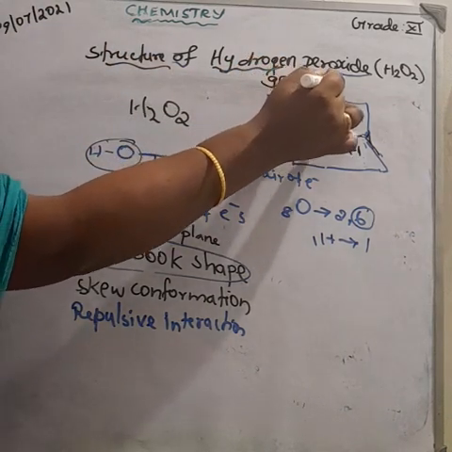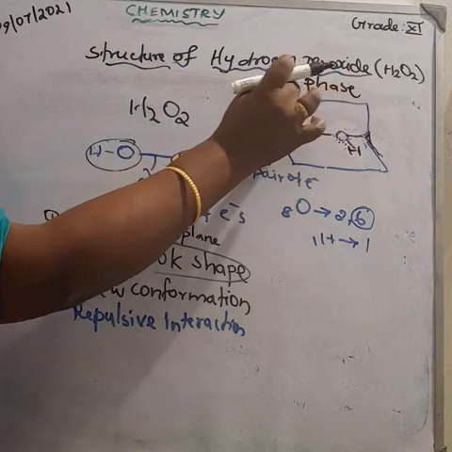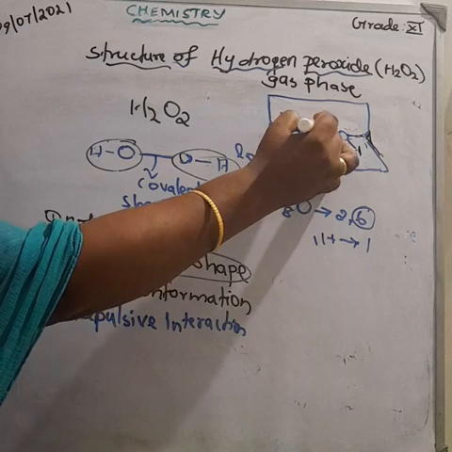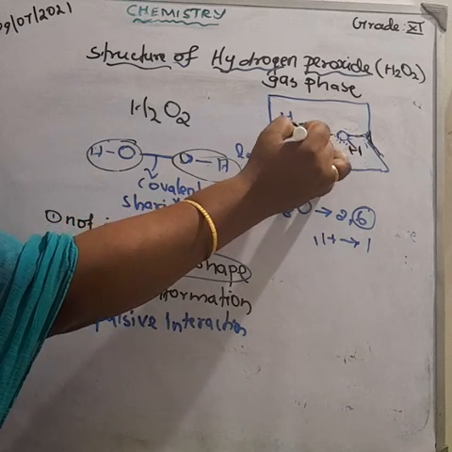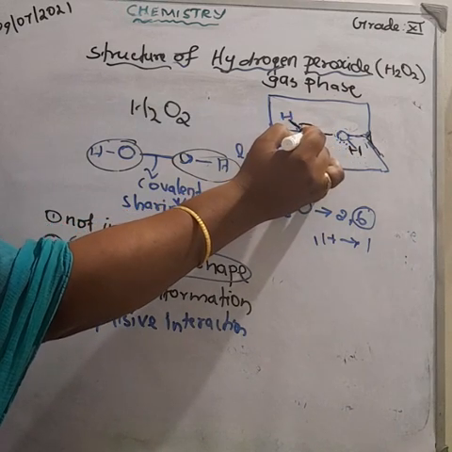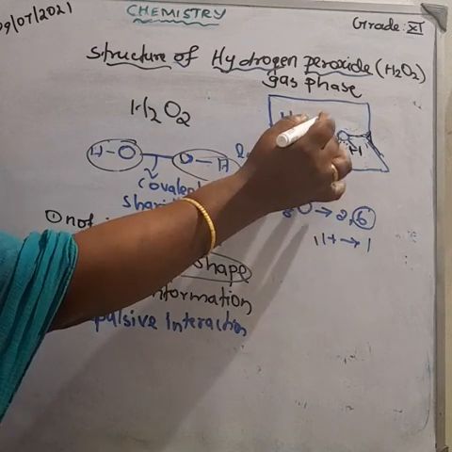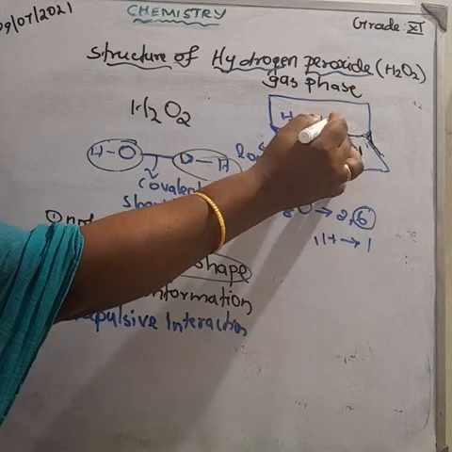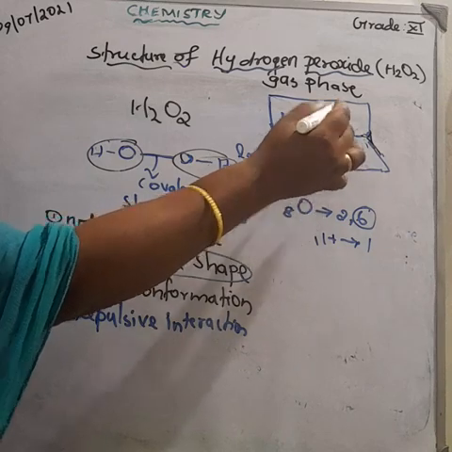In this structure, the bond angle between hydrogen and oxygen is 94.8 degrees.